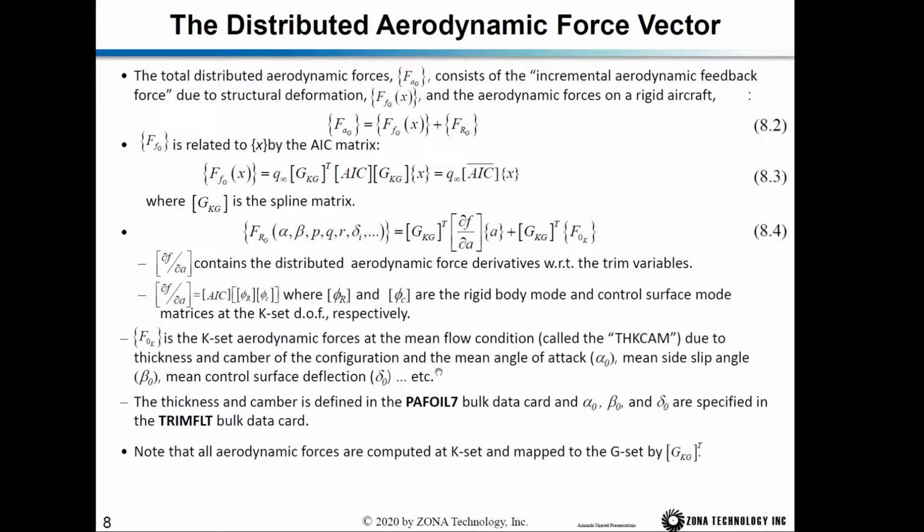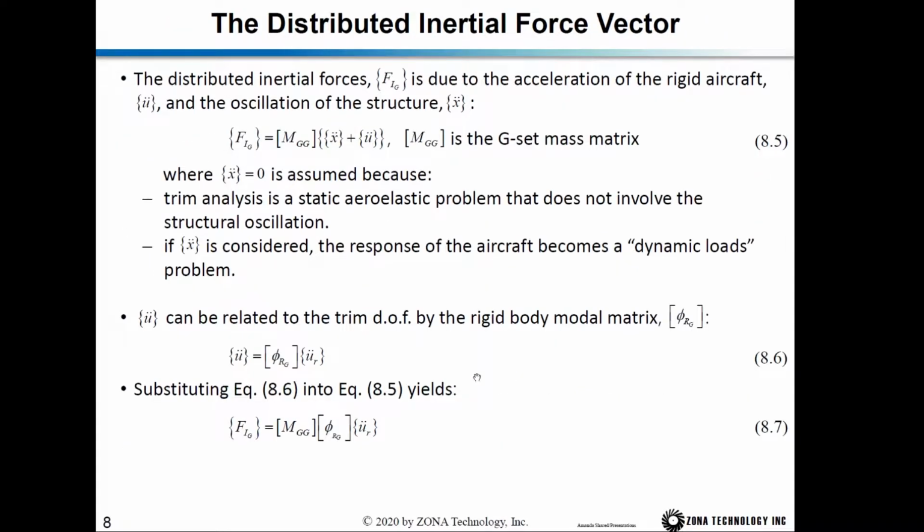Those alpha naught, beta naught, and delta naught are specified in the TRIM card. The TRIM card is referred to by the MKAEROZ card. The thickness and camber is defined in the PAFOIL7 card. So all the aerodynamic forces are computed at the K-set, and can be mapped back to the G-set using the transpose of the spline matrix.